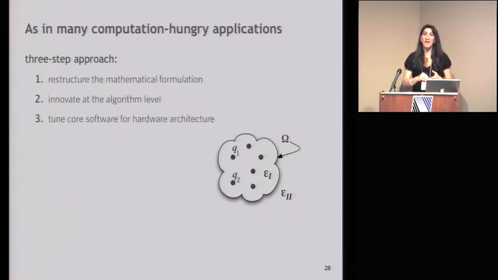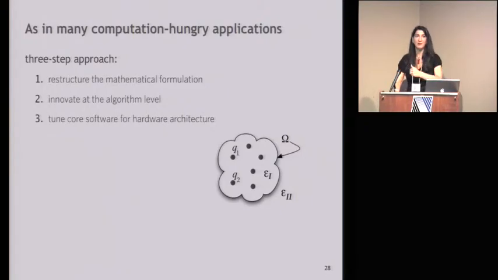Second, innovate at the algorithm level. So in the first case, for the bioelectrostatics problem, the restructuring of the mathematical formulation is to use the continuum approximation. Well, we're using some physical modeling there. And then when we get the PDE, solve that PDE with the boundary element method. So we already are getting some increases in our capability by doing that. The next step is to innovate at the algorithm level. So we're going to use a fast algorithm to solve this, which could be an order n squared problem.